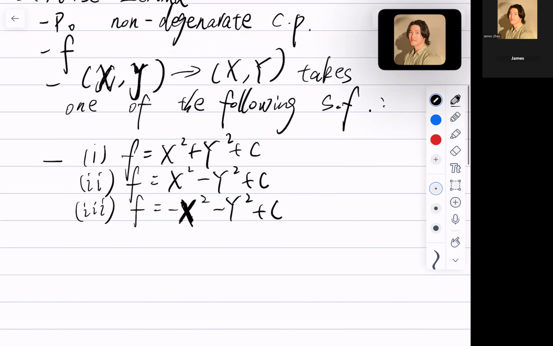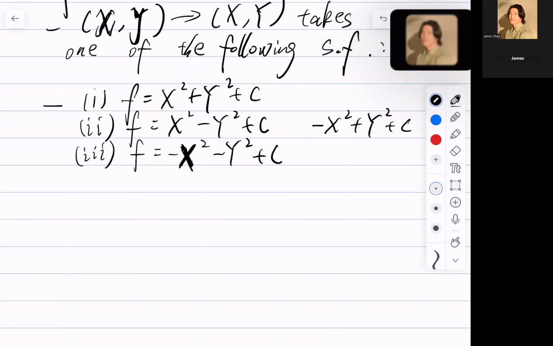Those are very simple quadratic forms. In our proof last lecture, we also had another one, negative x squared plus y squared plus C, where C is the offset. But basically those are the same form if you just flip the axes of big X and big Y, so I'm going to ignore this part.